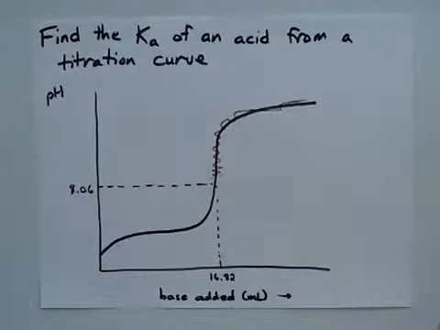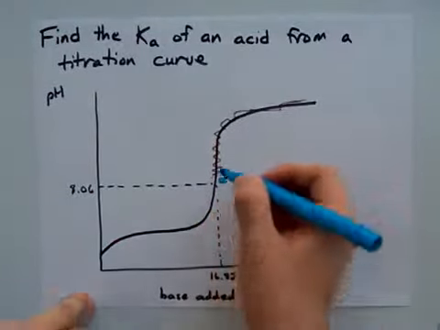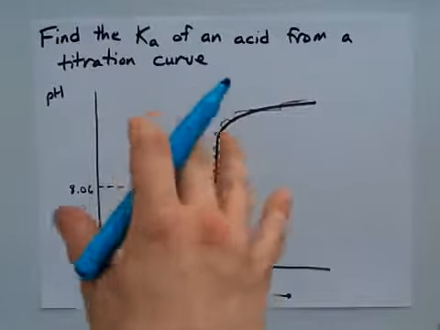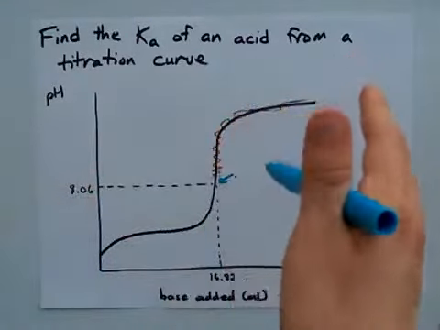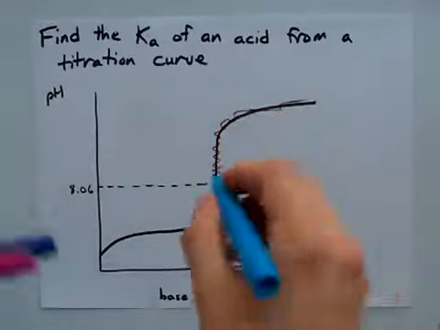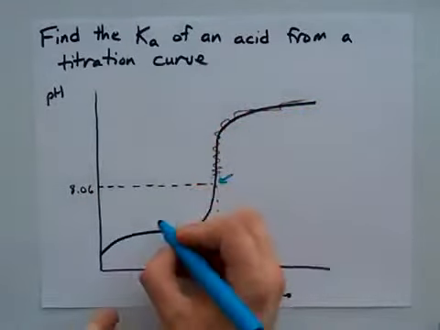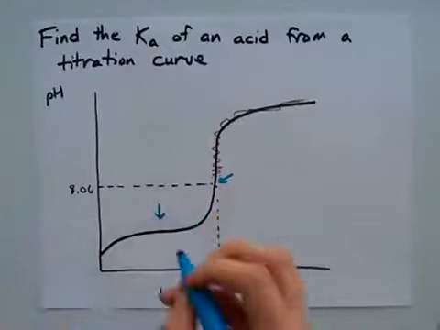So, here we go. At the equivalence point, we have added just as much base as we have of acid. That's the definition for equivalence point. What you'll notice about the titration curve is that there's a buffer region here.